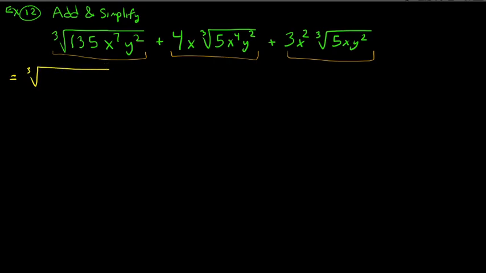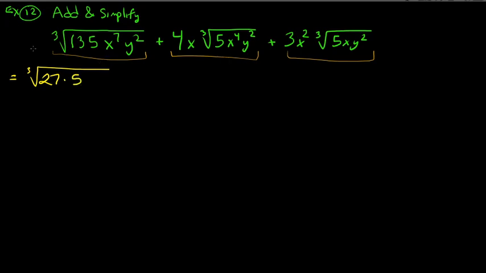So if you take 135 and divide by 5, oh, hang on, 135 divided by 5, I keep getting the wrong answer. Yep, 27. And that's a perfect cube, if you remember. So, 27 times 5.